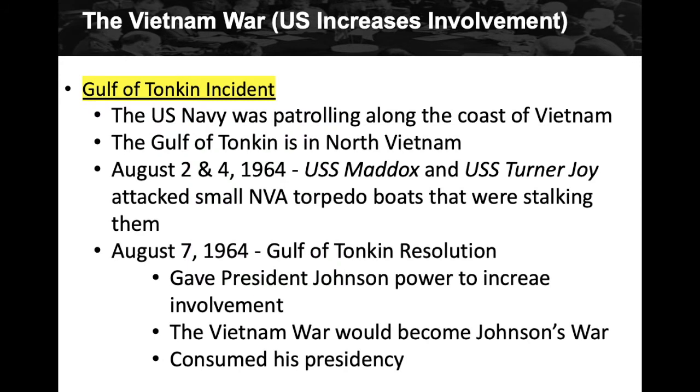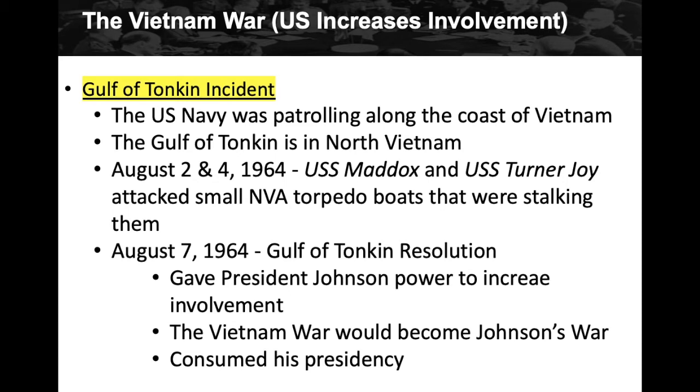So what happens is there's an incident called the Gulf of Tonkin incident. And this is where the United States really starts increasing involvement. The United States Navy was patrolling along the coast of North Vietnam. That's where the Gulf of Tonkin is. It's off the coast of North Vietnam.